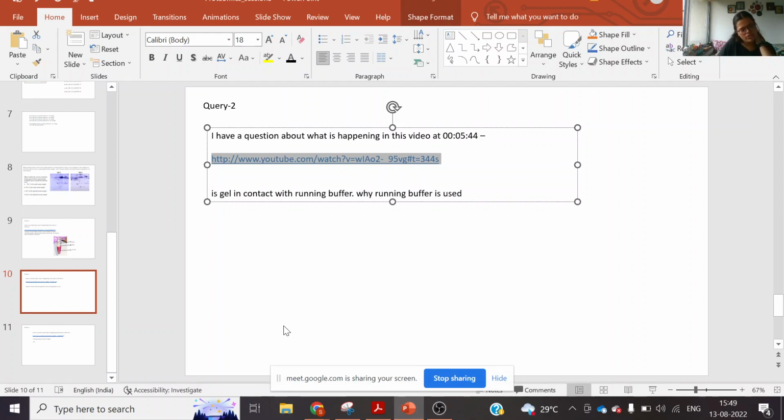Of course, whenever you are doing any kind of electrophoresis experiment, running buffer is very important, because if running buffer is not there, the separation won't happen. The basic principle of any electrophoresis is the separation based upon charge and mass, molecular weight. So they travel from anode to cathode or cathode to anode.